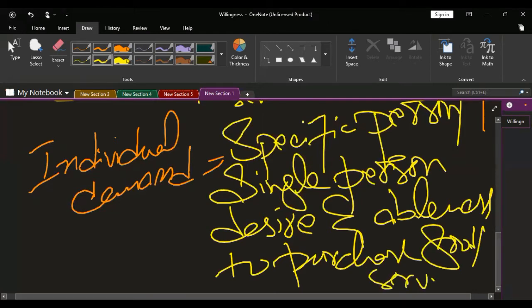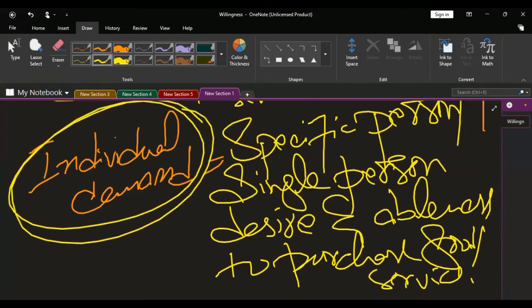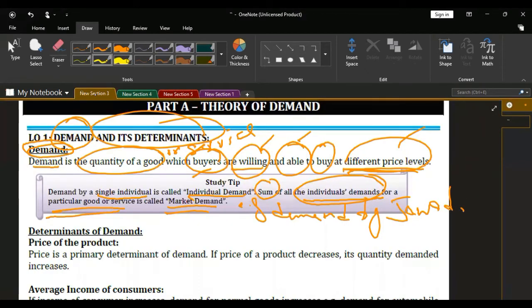This is called individual demand because it relates to a single person or individual person. So this is the difference between market demand and individual demand.